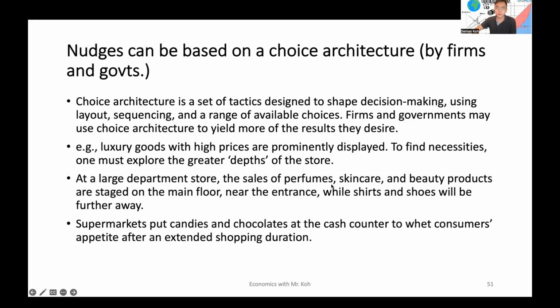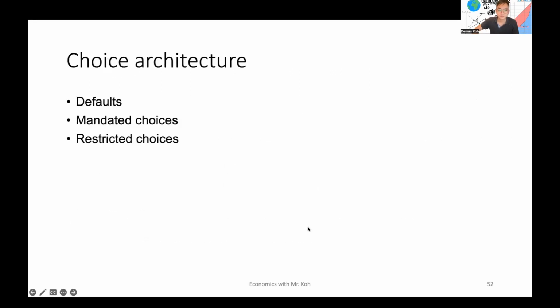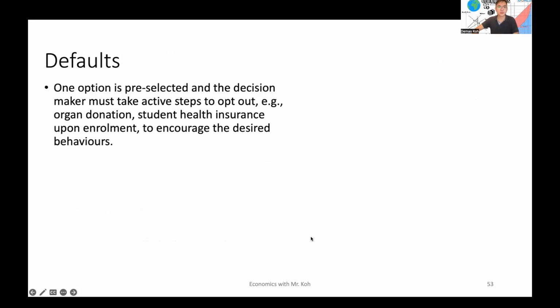So, for example, luxury goods being displayed more prominently at the entrance, whereas necessities are found in the greater depths of the store. So I'm going to go over three broad types of choice architecture: defaults, mandated choices, and restricted choices.